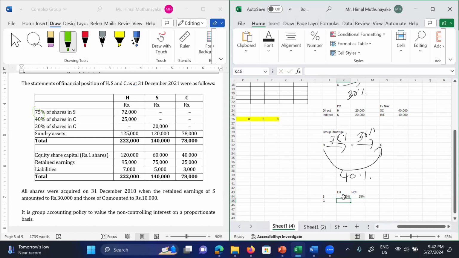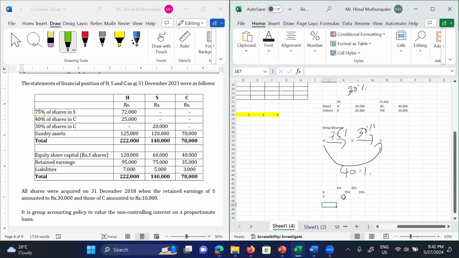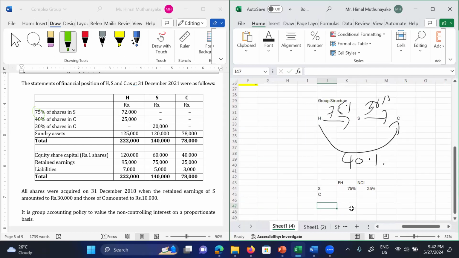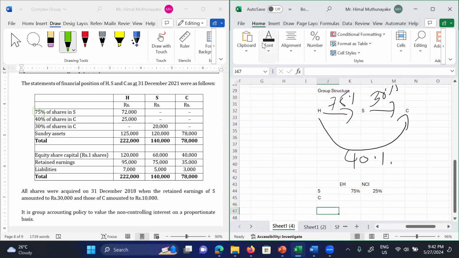When it comes to C, how do we get it? You need to multiply. So tell me, what is the effective holding of C? How are we calculating it? You need to multiply the 75% by 30, and you need to add 40%.